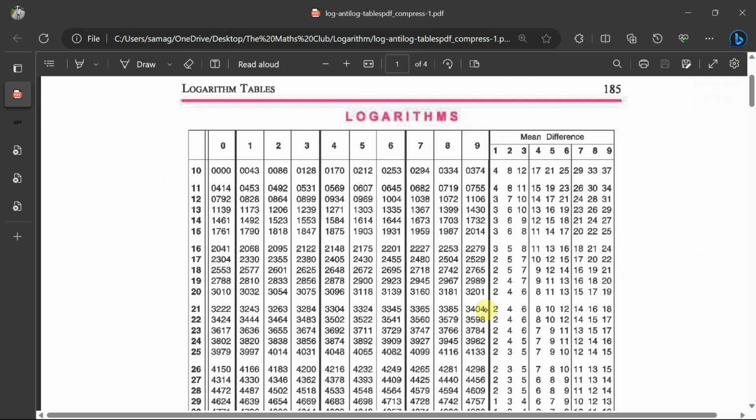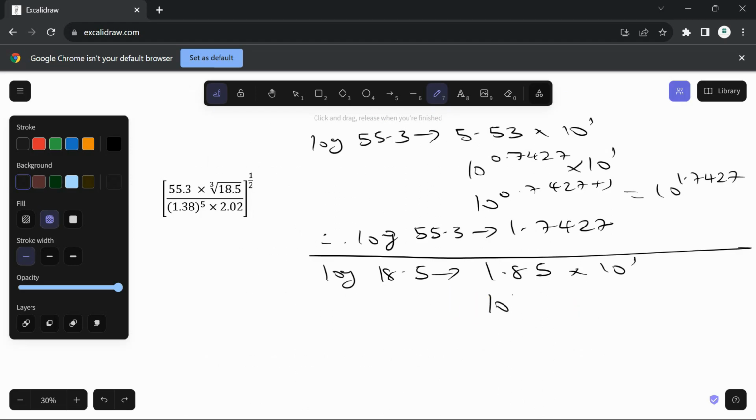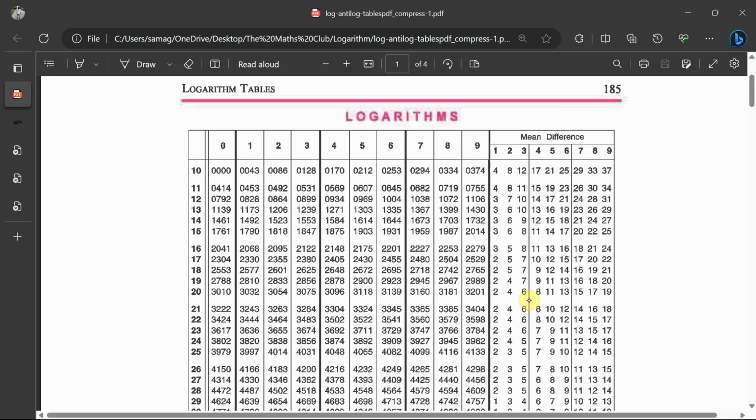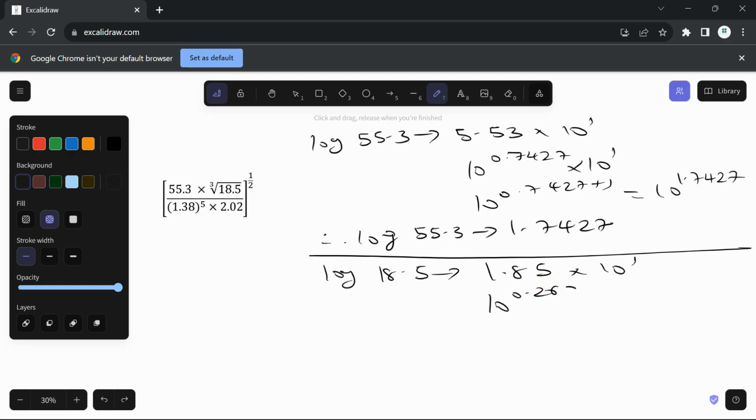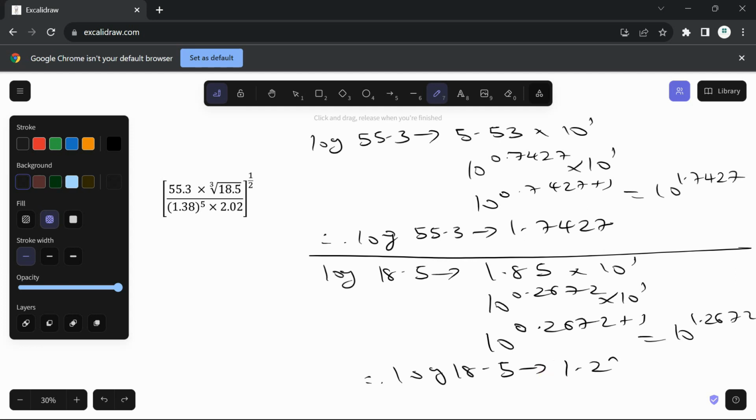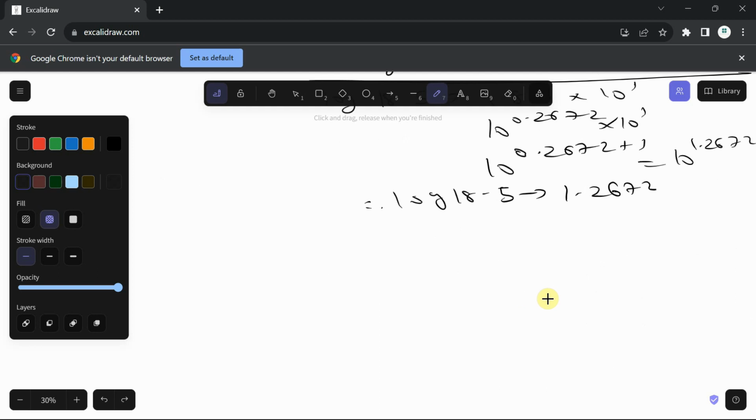So this is 10 raised to the power of 0.2672 times 10 raised to the power of 1. If I add these two, that would be 10 raised to the power of 0.2672 plus 1, which is 10 raised to the power of 1.2672. So therefore the log of 18.5 is 1.2672.